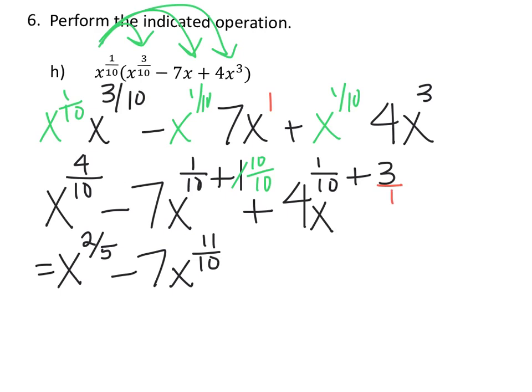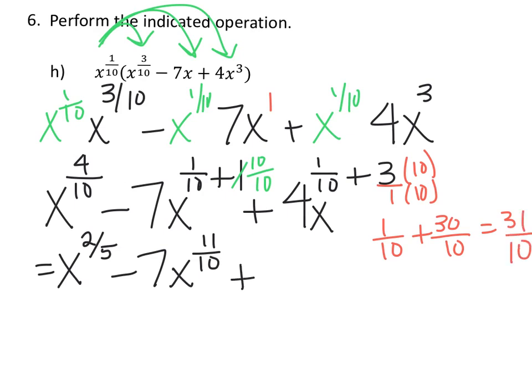So we're going to change 3 to be 30 over 10. So we have 1 over 10 plus 30 over 10, which equals 31 over 10. So our third term is going to be plus 4x raised to 31 over 10.